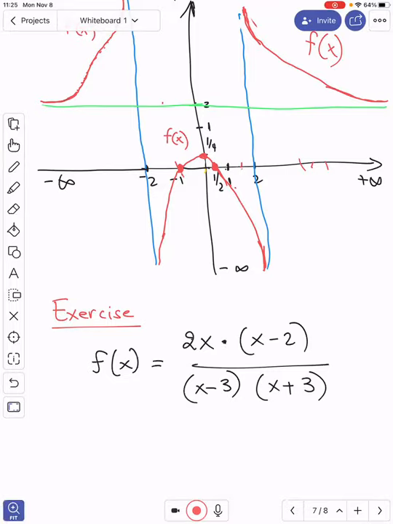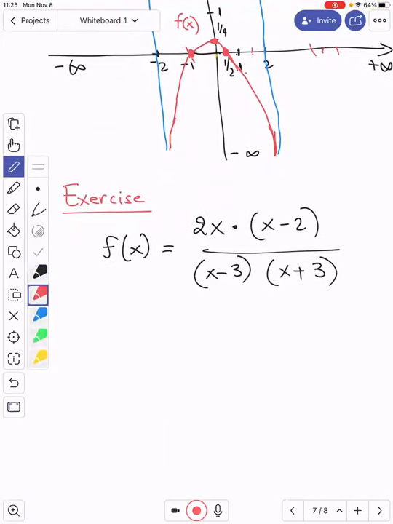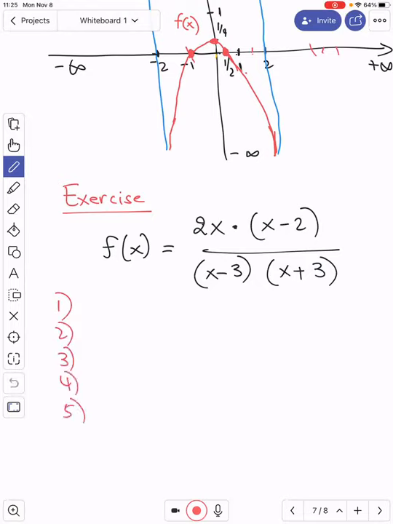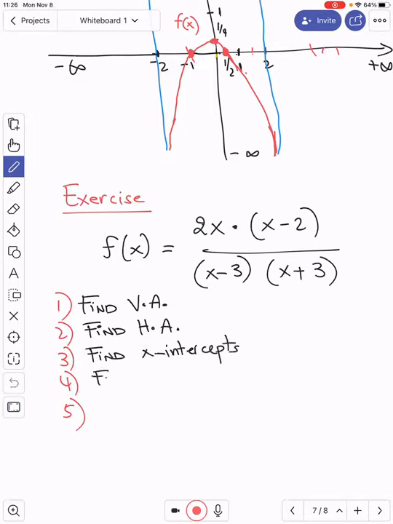So first, we need to find the vertical asymptote, then find the horizontal asymptote, then find the x-intercepts, find the y-intercept, and then of course graph the function f.